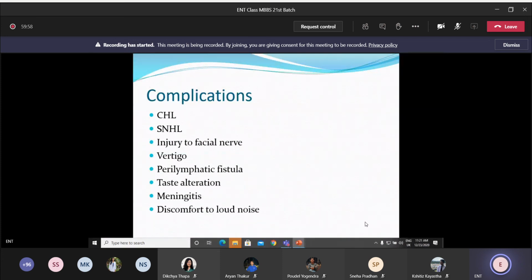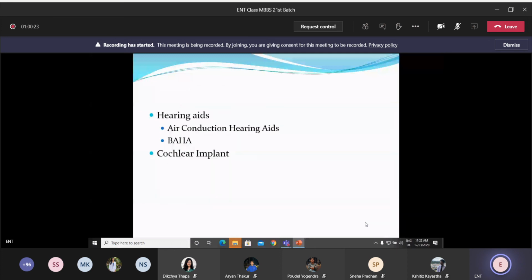The patient can get vertigo. The chorda tympani is there, so if you cut it, they can get taste alteration, loss of taste on one side of the tongue, and sometimes infection can travel in, and intracranial complications like meningitis can happen. So these are the various complications that you come across.